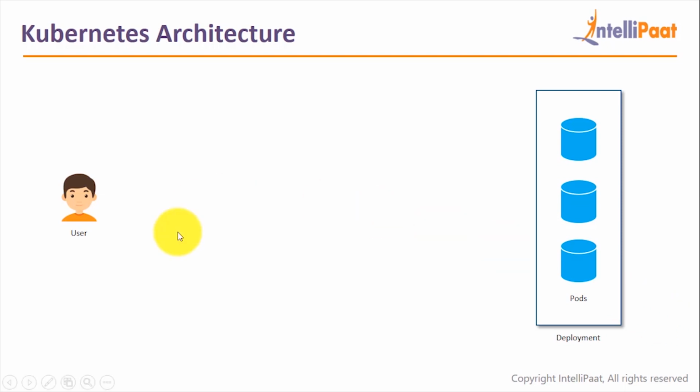Now, our understanding that we want to gauge from this particular slide is how a user, or how a person like me who is using our application, will be able to access the application which exists inside your pod, right? For example, if you go to Intellipaat.com, how will Kubernetes serve your website to you, given that the Intellipaat website itself is inside a Kubernetes cluster, right?